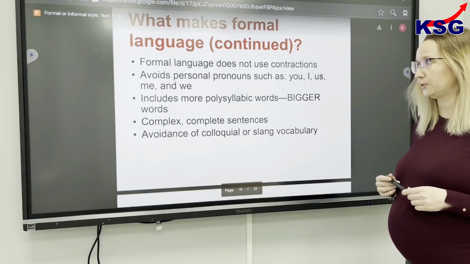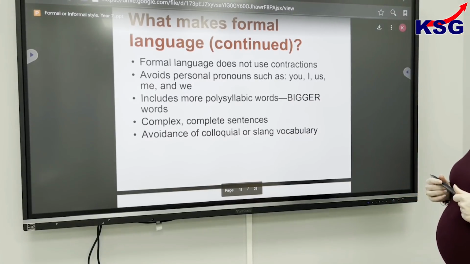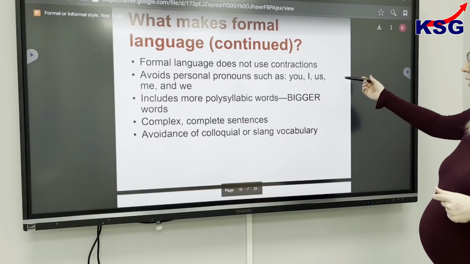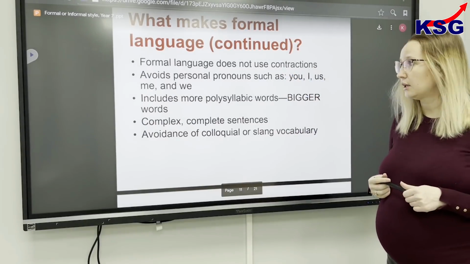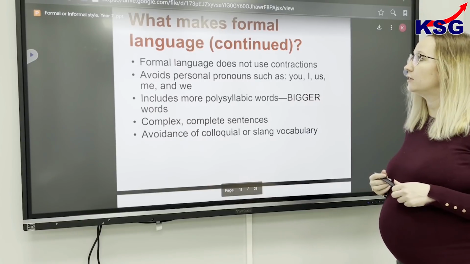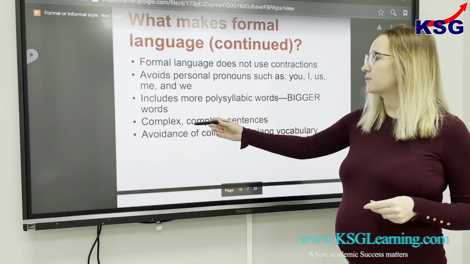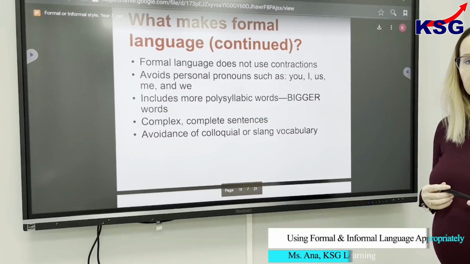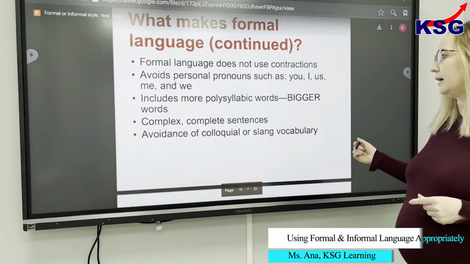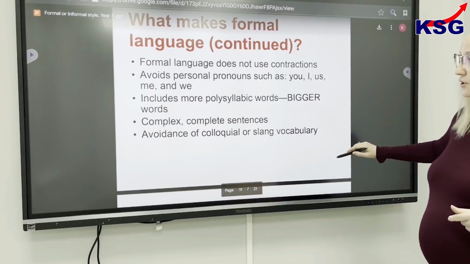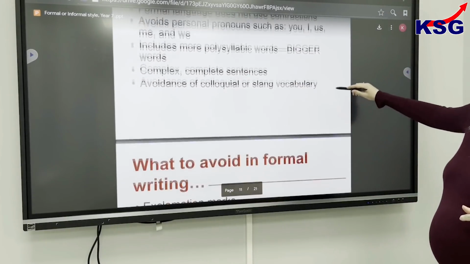This is really important. Avoid personal pronouns such as you, I, us, me, and we. We use these for the informal language. We also have complex and complete sentences, and we have an avoidance of colloquial or slang vocabulary.